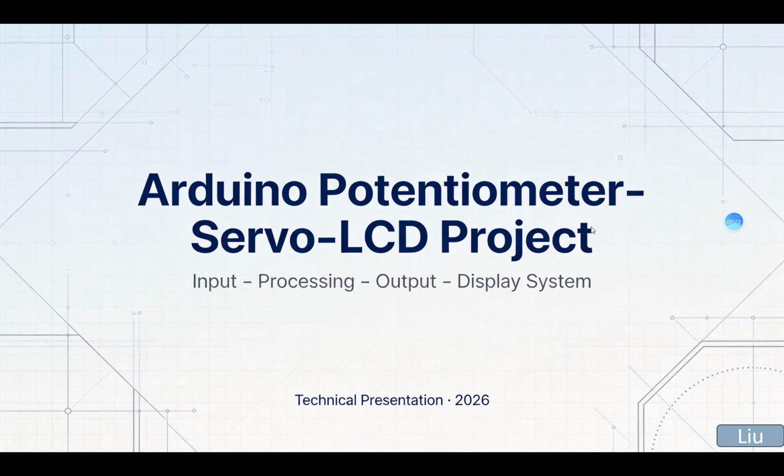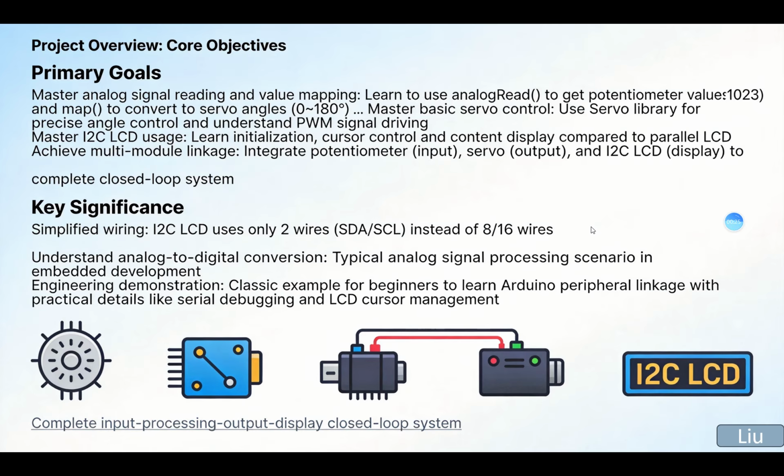servo LCD project. So you can see the primary goals: master analog signal reading and value mapping. Learn to use analogRead to get potentiometer values and map them to convert to servo angles 0 to 180, and master basic serial control using the Servo library to process angle control and understand PWM signal driving.